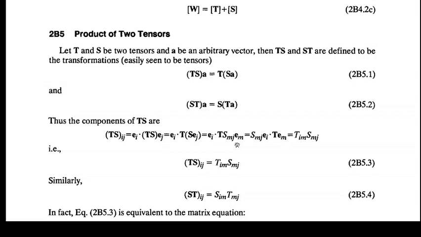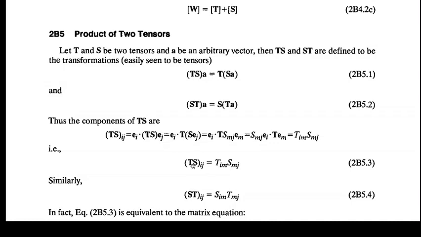This is from your second or third lecture, I think, in which we discussed how we can find the components of a tensor. From there we are writing S Ej equals Smj Em. Now this Smj is a scalar, so you can take it out. So Smj Ei dot T Em, and this is equal to Tim, the imth component of T. So this is Tim Smj. So (TS)ij equals Tim Smj.